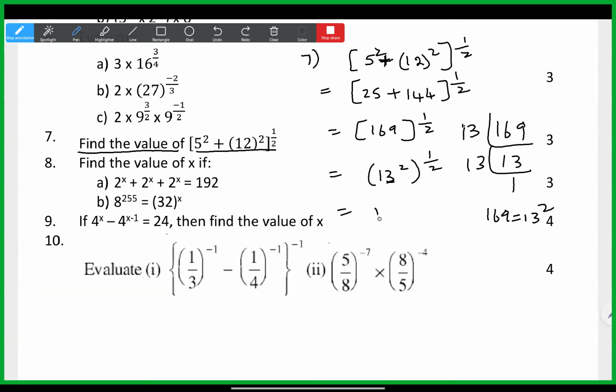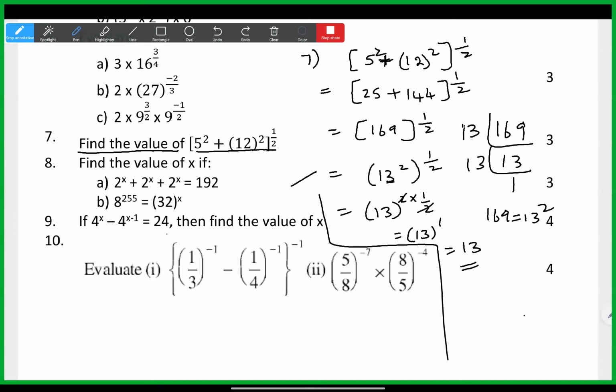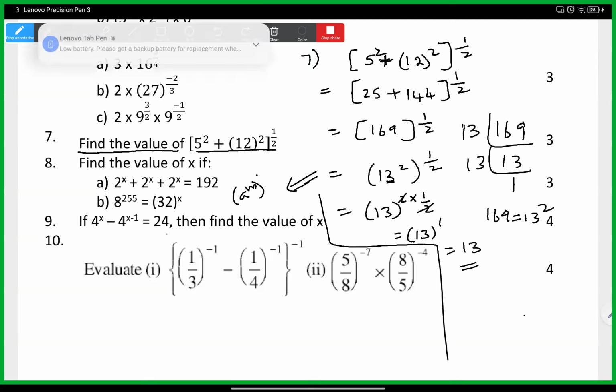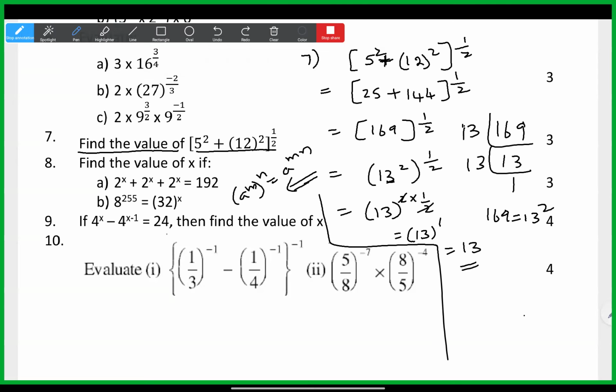A power m whole power n is equal to a power m n. So it will become 13 power 2 into 1 by 2. The 2 will get cut, so what is left? 13 power 1, which is nothing but 13. Here also we used a power m whole power n equals a power m n. This is the final answer.